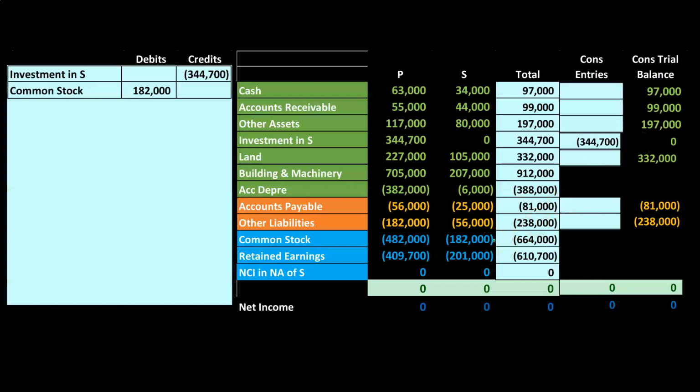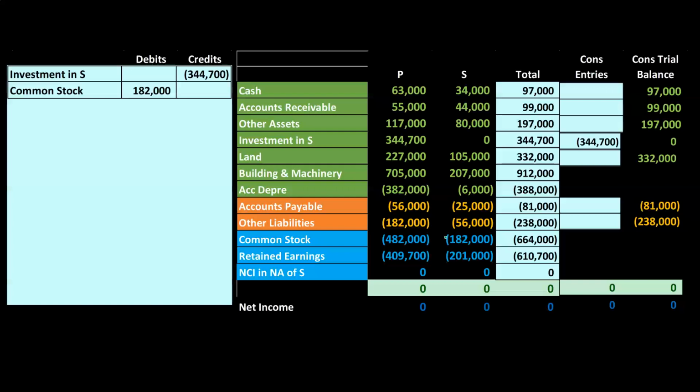Now, this is the confusing part, because you would think, hey, look, because we purchased it for 90% of the book value, this represents basically 90% of equity, because we're at the same point in time. So you would think you can't take the whole common stock off, because 10% is going to someone other than P. Only 90% of the stock is going to P. 10% is going elsewhere.